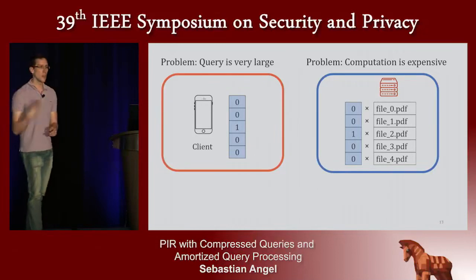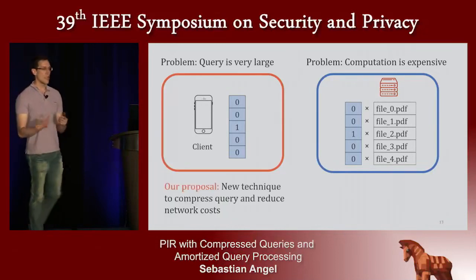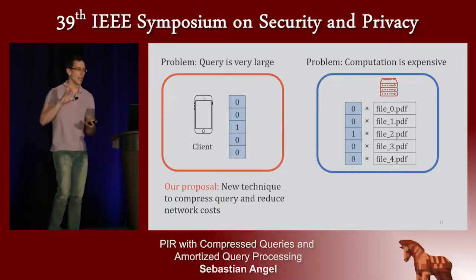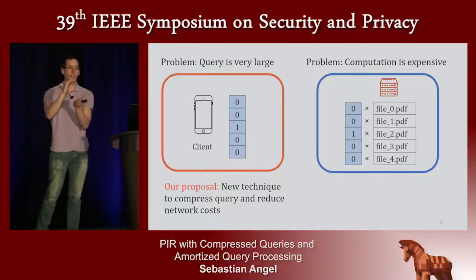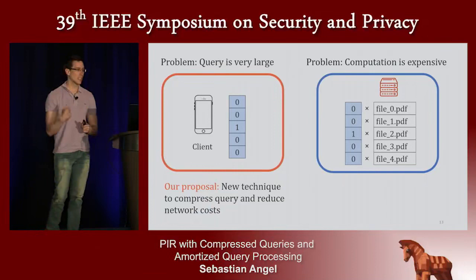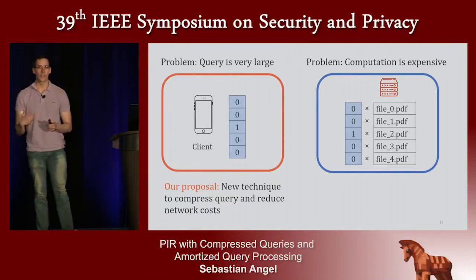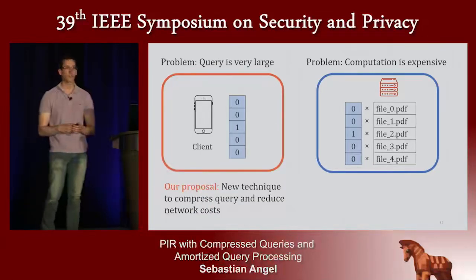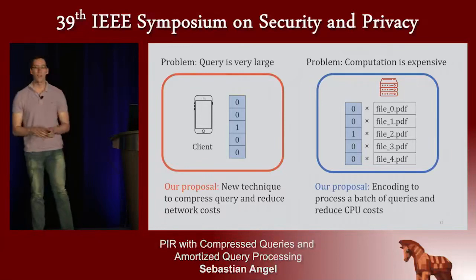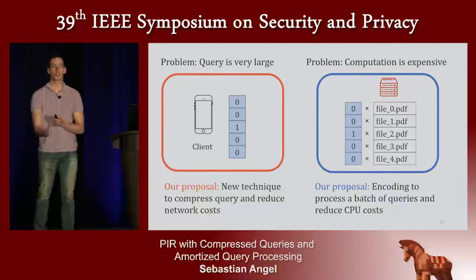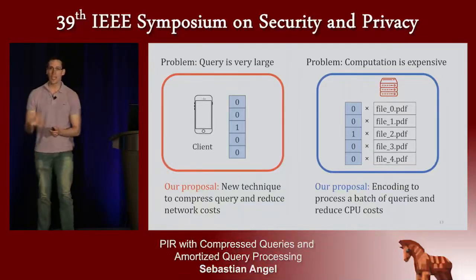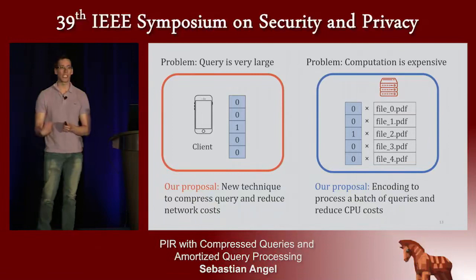So in the paper, we discussed two techniques. One is a compression technique that allows us to take this entire query vector and make it into a single ciphertext that the client can then send to the server, and in turn save communication cost. We also have an encoding that allows the server to encode the database in such a way that it can process a batch of queries from the same client, and that processing is more efficient than processing each query individually.